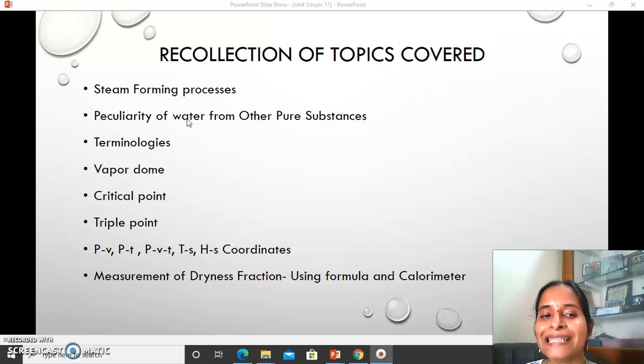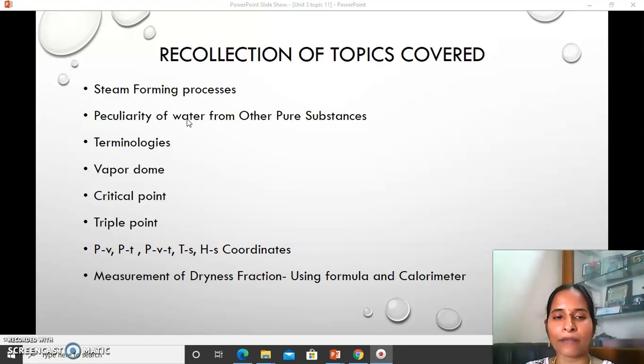Continuously its volume is getting reduced during the phase change, and of course it was clearly shown in all the coordinates, PV, PT, PTV diagram, which changed the coordinate diagram specifically for water compared to other pure substances.